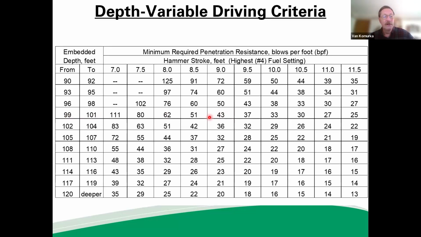You still don't have it. And you get down to 101 feet, and your blow counts are at 38, and you still don't have it. So you drive another foot, you get down to 102, and now your blow counts are at 40, and you've gone a little bit deeper than this last criteria was required. You've gained a little more setup than was counted on here. And now at 40, your blow counts exceed the 36 required, and so you can stop driving the pile.